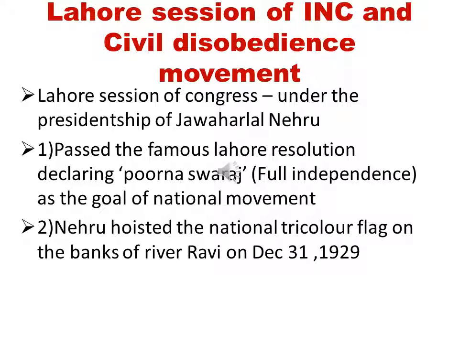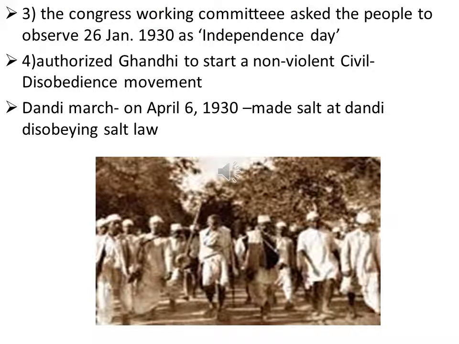And Nehru hoisted the national tricolor flag on the banks of the river Ravi at midnight on 31st December 1929. The Congress Working Committee asked the people to observe 26 January 1930 as Independence Day, and the same session authorized Gandhi to start a non-violent civil disobedience movement.